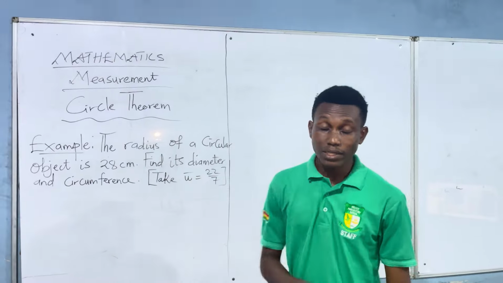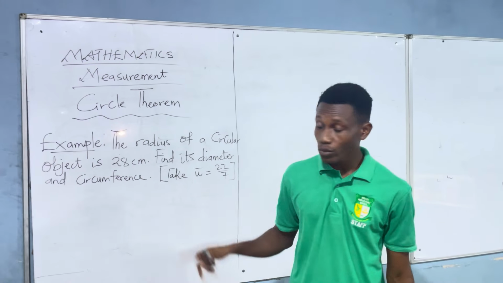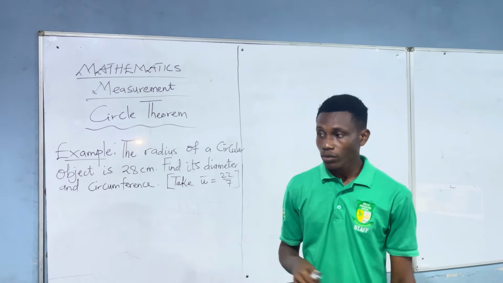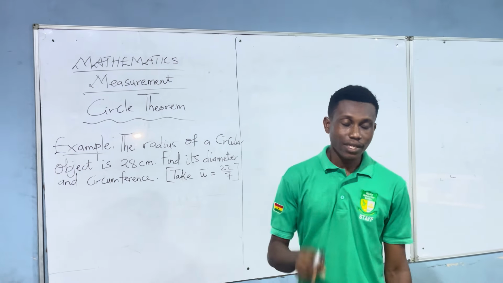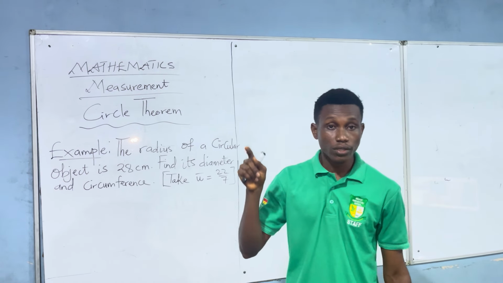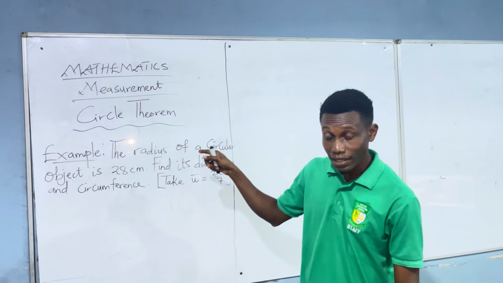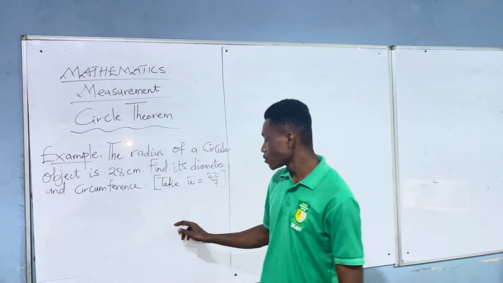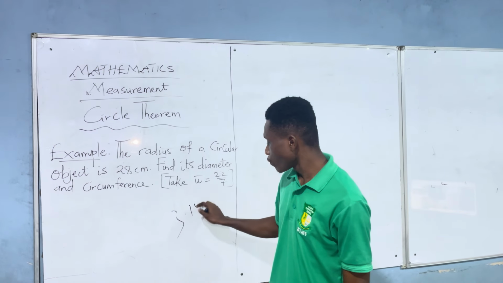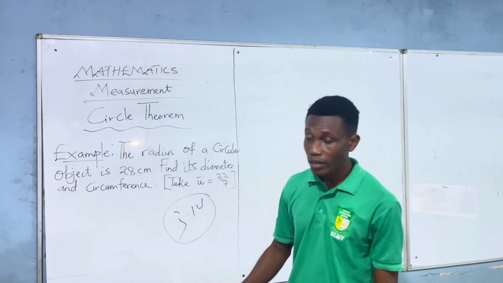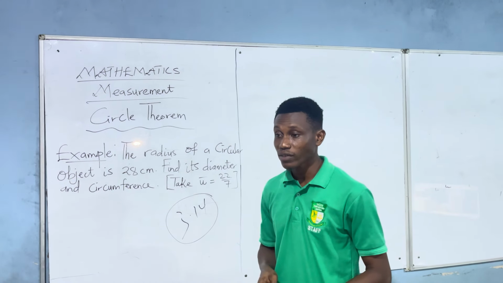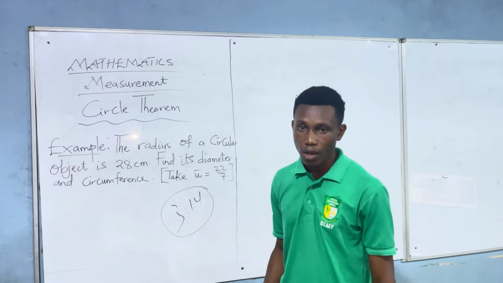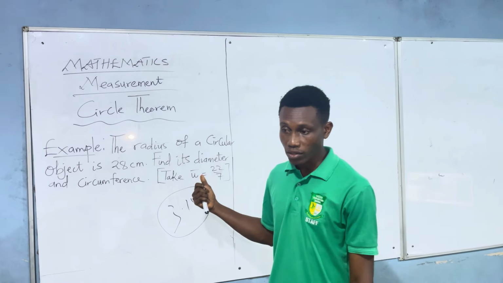When you have a calculator, you key in 22 on 7 and turn it to decimal, the answer you get is equivalent to the 3.14159 I was talking about. So approximately they cut it off to 3.14. That is why we usually use 3.14 when we want to use the decimal one and we don't want to use 22 on 7.